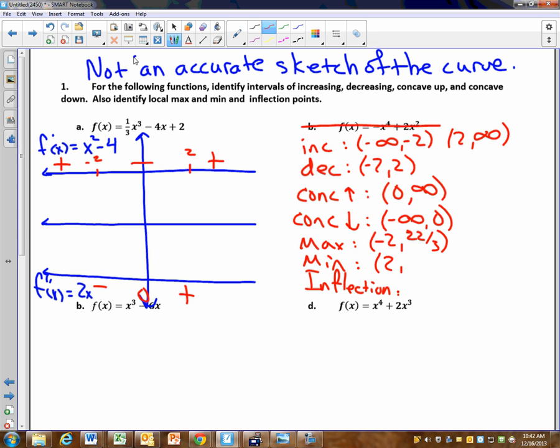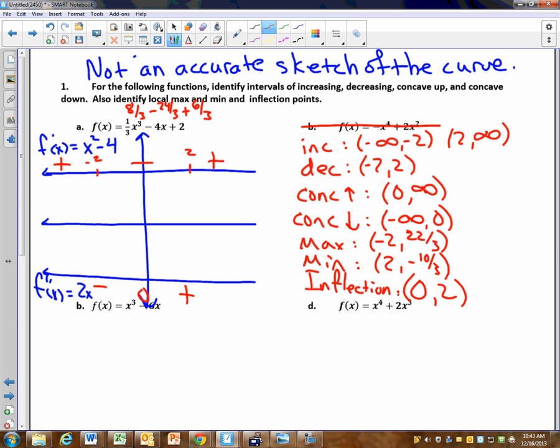Now if we plug in positive 2, we do get a positive 8 thirds minus 24 thirds plus 6 thirds. So that's negative 16 thirds plus 6 is negative 10 thirds. Your point of inflection happens at an x value of 0. Plug it in and you get 2.